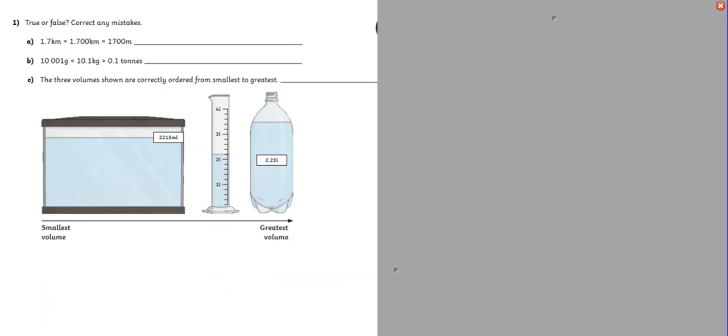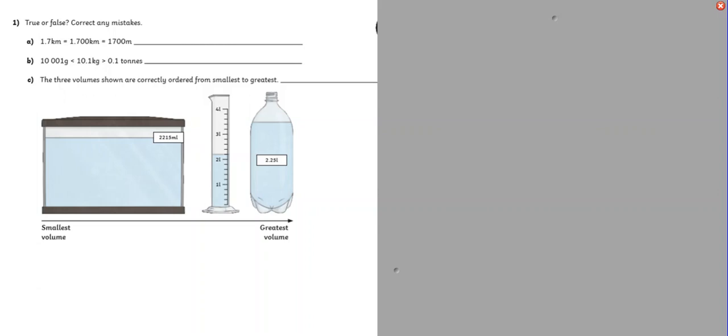Let's have a look at this one then. So true or false, correct any mistakes. We've got 1.7 kilometres is equal to 1.700 kilometres, which is equal to 1,700 metres. We've got 10,001 gram is smaller than 10.1 kilogram, which is larger than 0.1 tons.